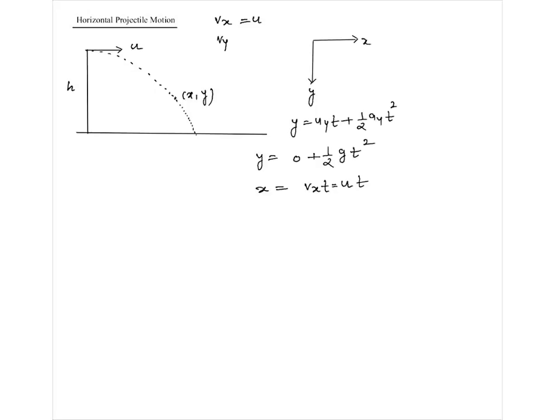If you want to find a relationship between x and y, then simply get rid of t. So t is x by u. That's it. This is also a type of parabola.